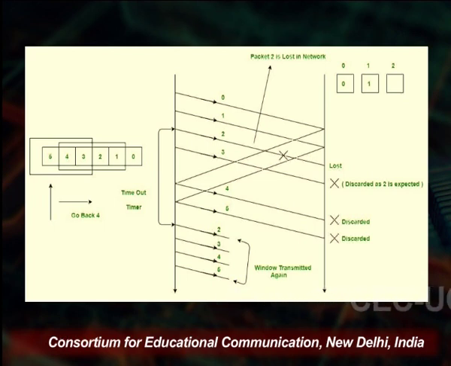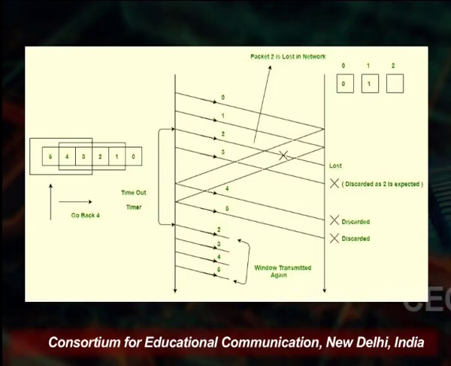So the sender is going to send packets 0, 1, 2 and 3 without waiting for acknowledgements, and for every packet there is a timer. So it sends 0, a timer starts, it sends 1, which is also tracked by a timer.